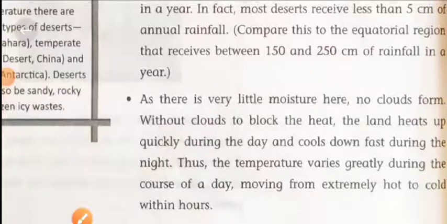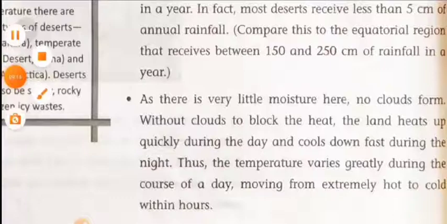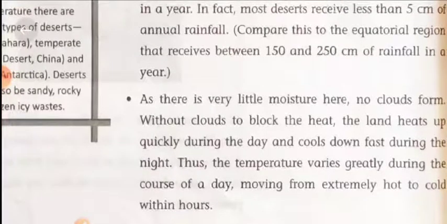Without cloud to block the heat, the land heats up quickly during the day and cools down fast during the nights. So without cloud there is no rainfall, so here the heat is very high, and during night it cools down quickly, because the sandy area receives the high temperature at once and loses the temperature also at once.